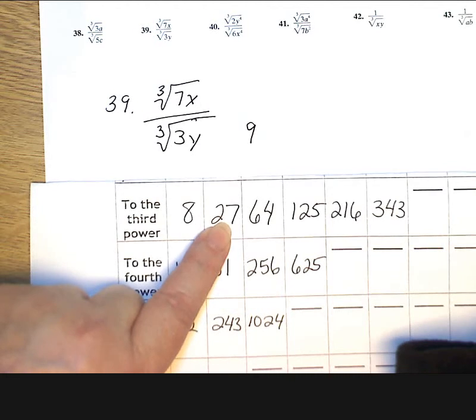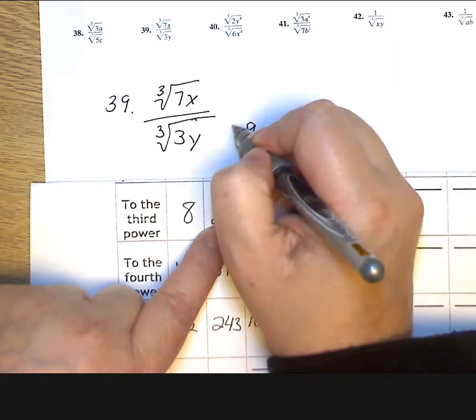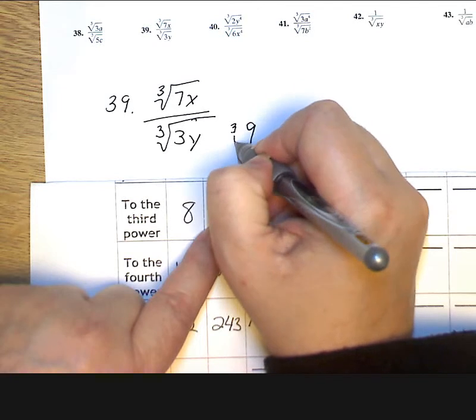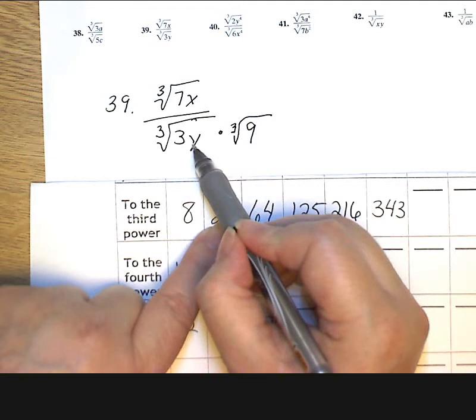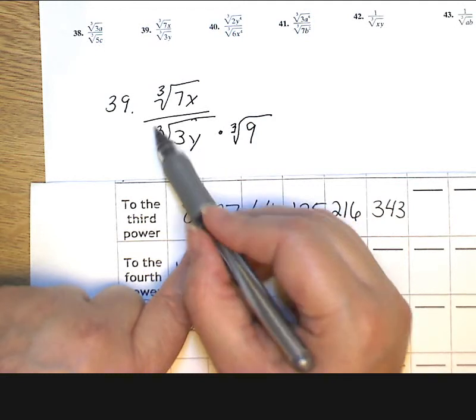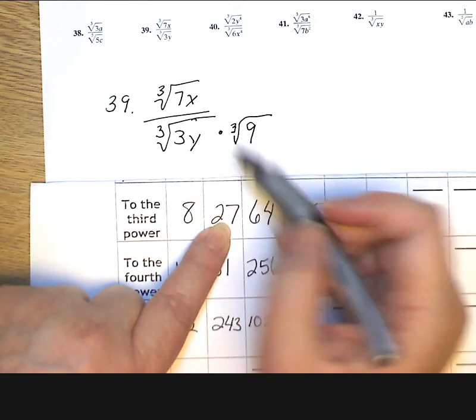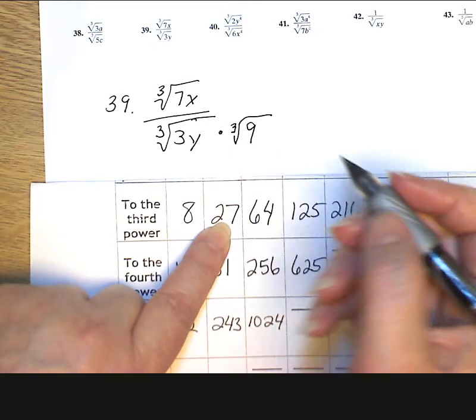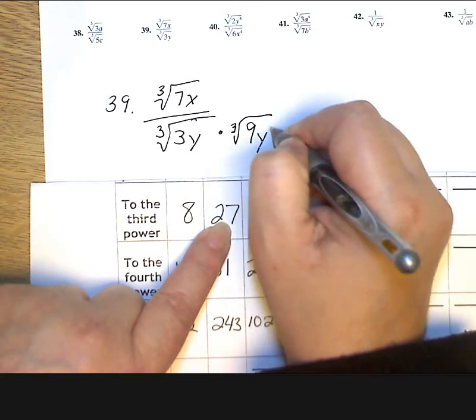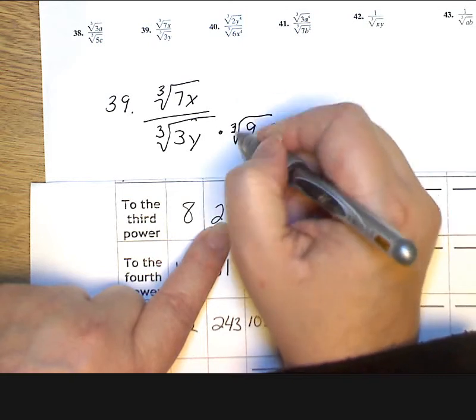Anybody not know where I got the 9 from? So remember, you have to keep it under that cube root though. So I have 1 y, but I need 3 y's because that says that there's 3. So how many am I going to multiply it by? Y squared is right. So whatever I do to the bottom, I have to do to the top.